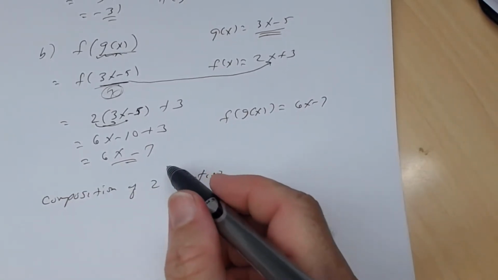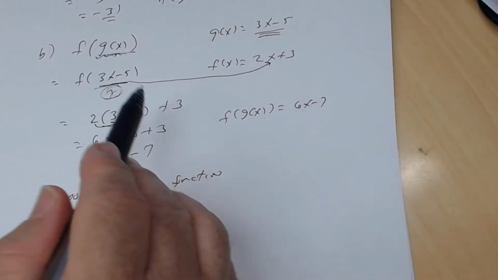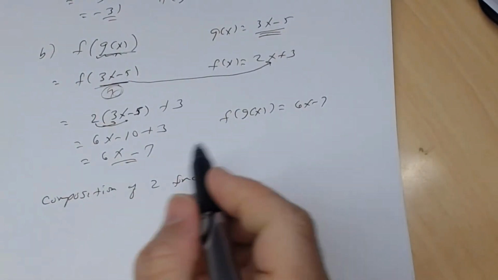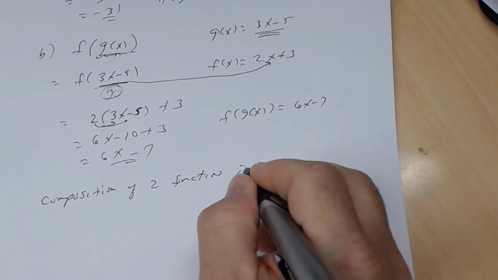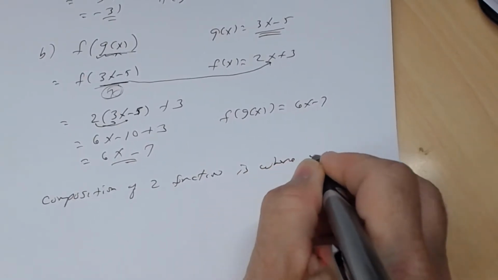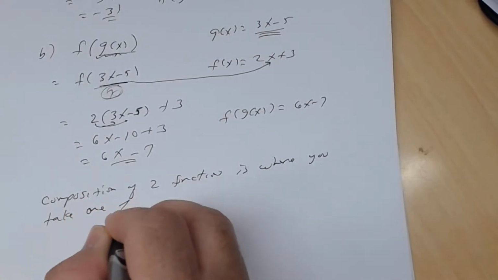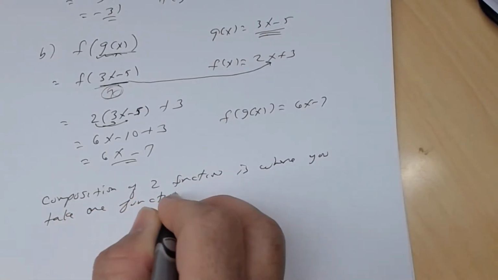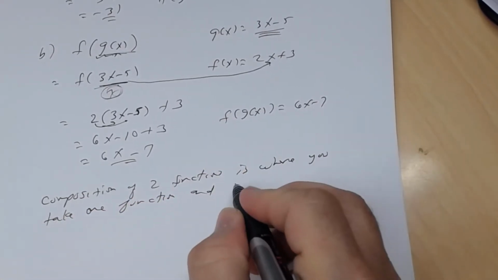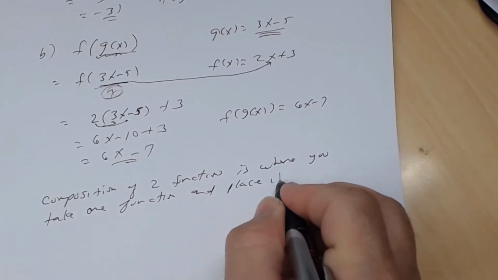That is composition. When you take one function and put it inside of another, that's a composition. So composition of two functions is where you take one function and place it inside of another.